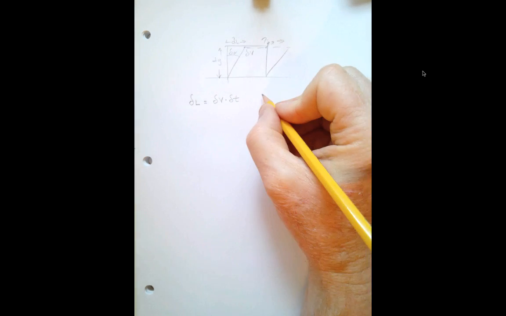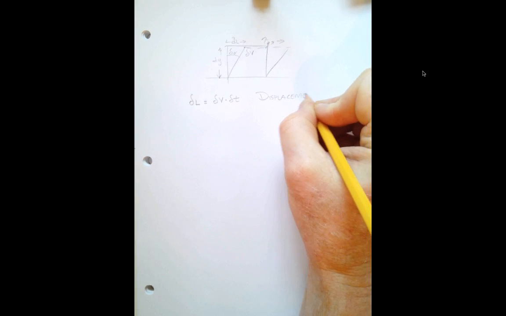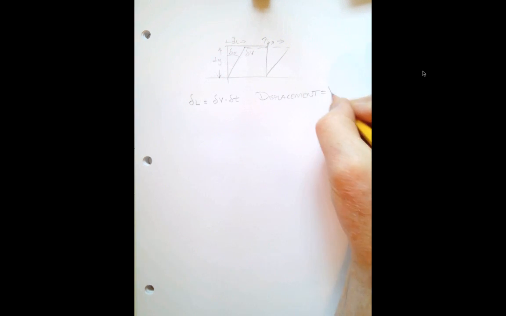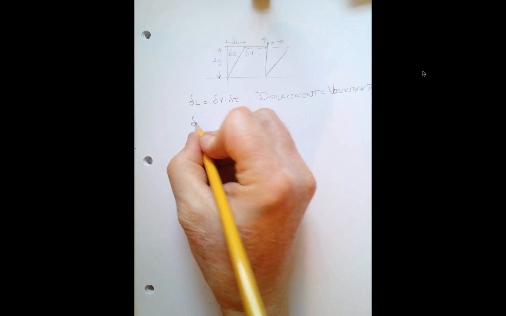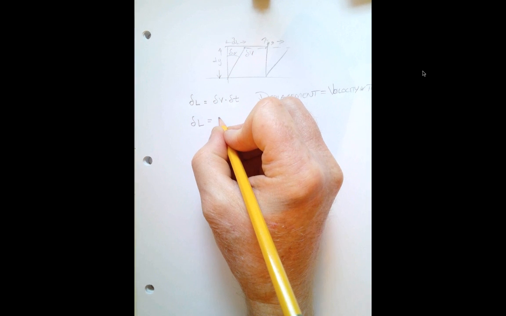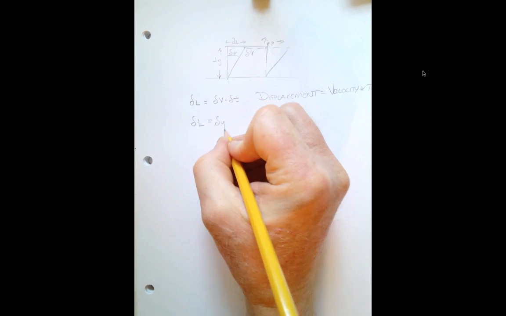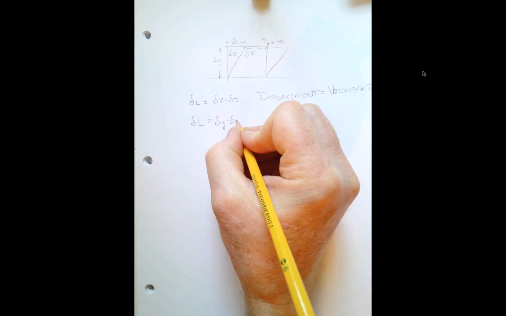Because this is just saying this displacement is equal to velocity times time. We also know that dl is pretty close to dy times d alpha.